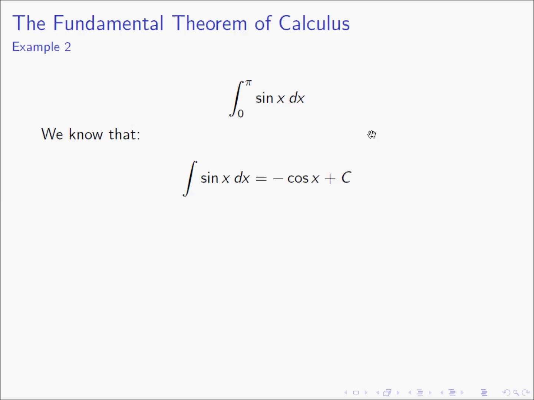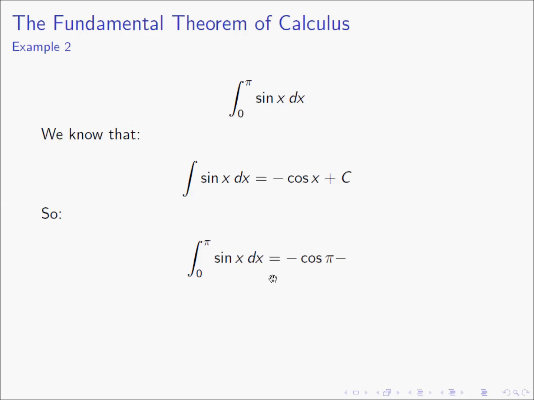And in the previous example we saw that when we took the primitive as the function plus the constant, the constant cancels out when you use the Fundamental Theorem of Calculus because you have a difference. So you don't really need to take the constant, you only need to take the function here. So we take F of x equals minus cosine of x.